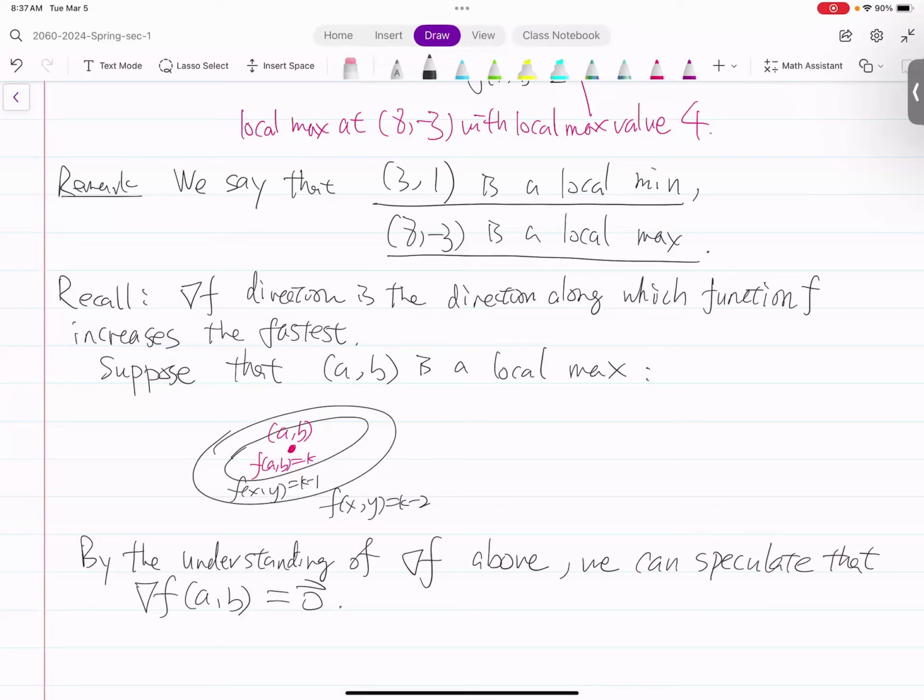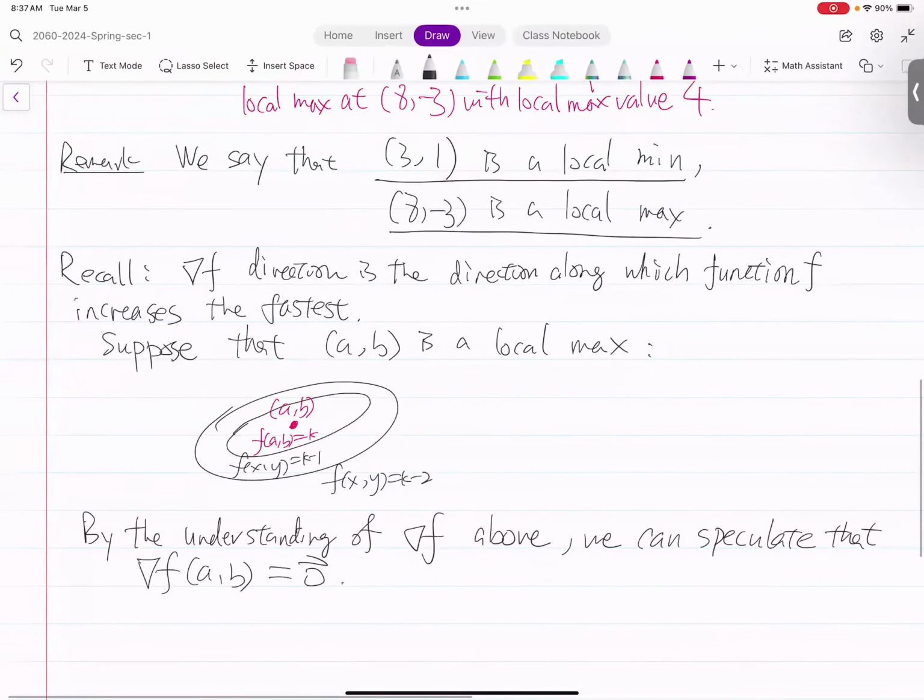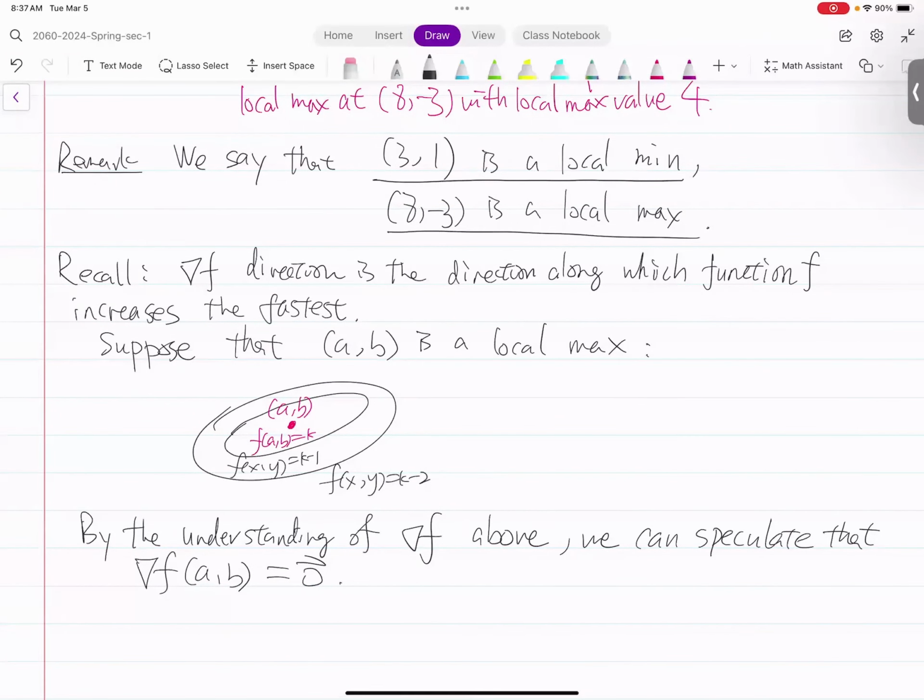And if you think about a local minimum, it's going to be a similar idea, right? If you have a local minimum, this point is the lowest among all the neighboring points. So you also know that if you go along the negative gradient direction, the function value will decrease the fastest, right? So if your gradient is non-zero, then you can walk along the negative direction of that and potentially decrease the function value.